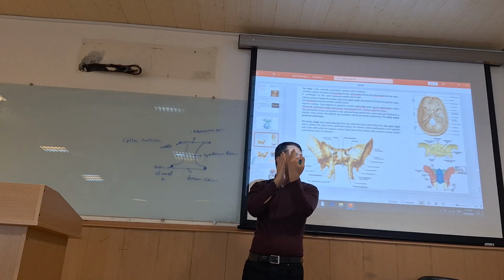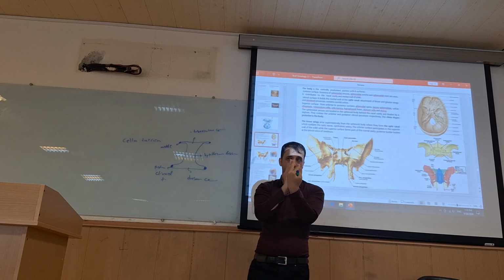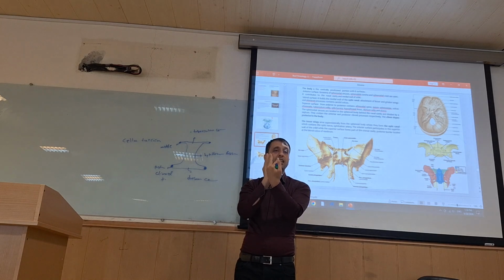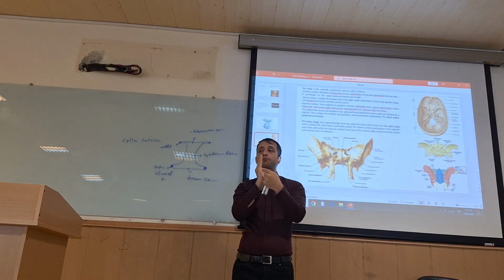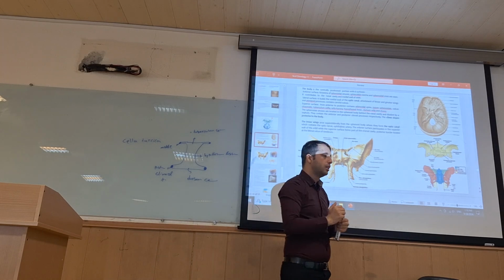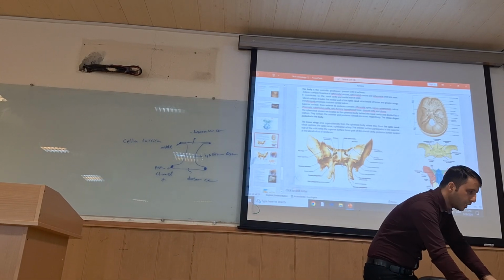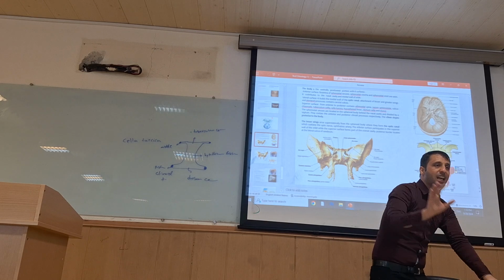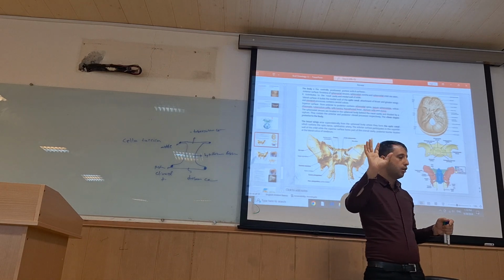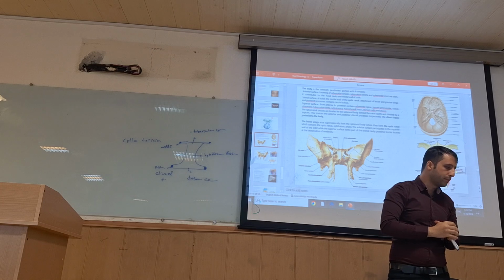So the sphenoidal crest is located in the anterior surface of the body, attached to the posterior border of the perpendicular plate of the ethmoidal bone. Okay? These features are located in the anterior surface of the body of the sphenoid.